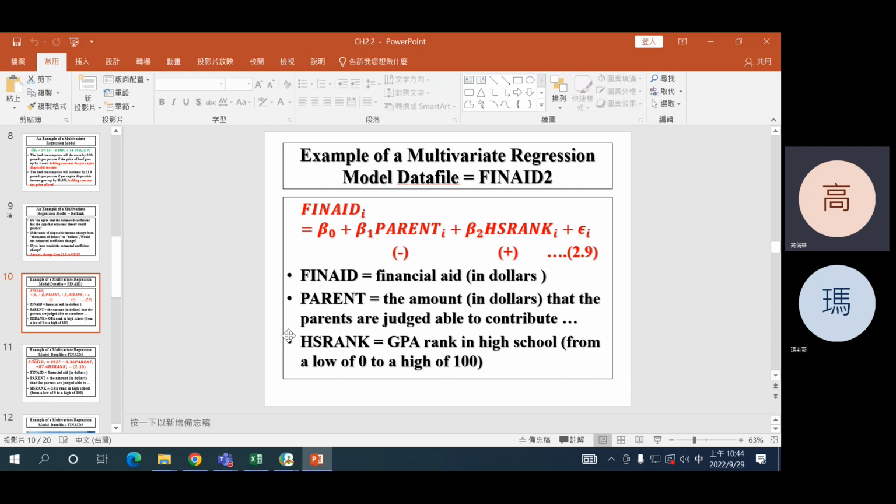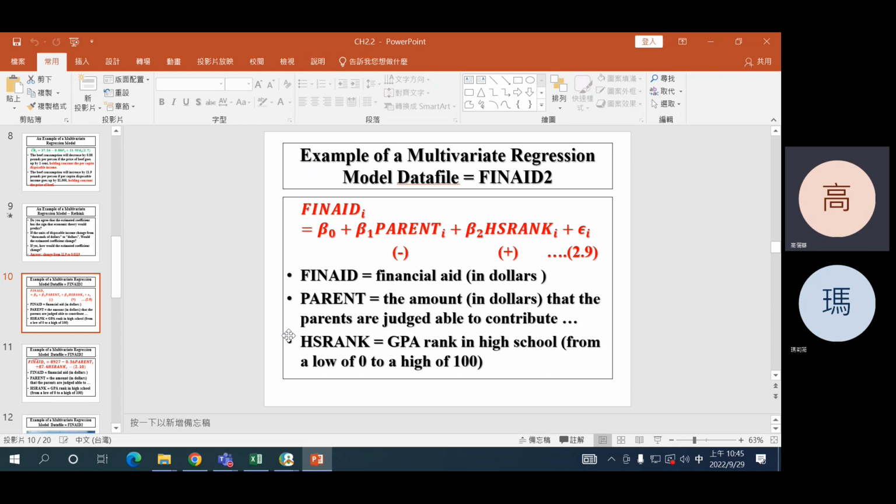And the other one means that I will get a positive relationship between the student's performance and the financial aid. So beta 2 hat should be positive.